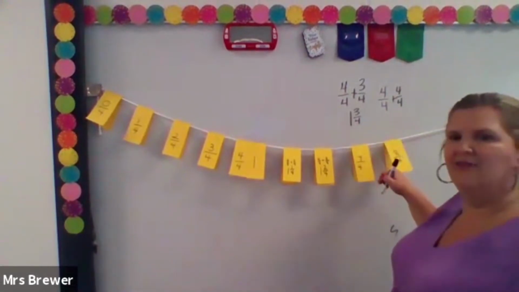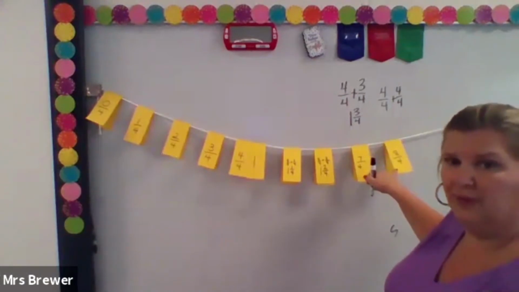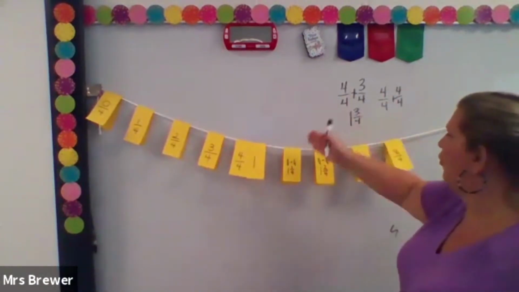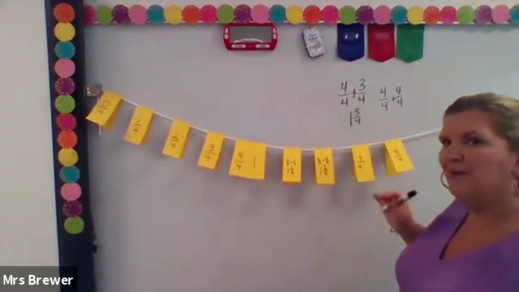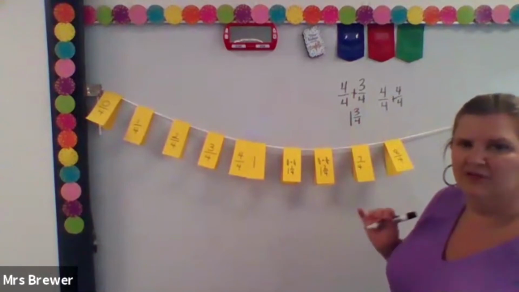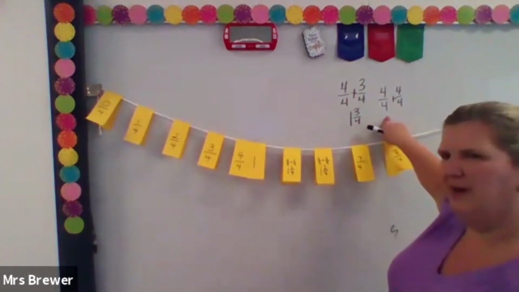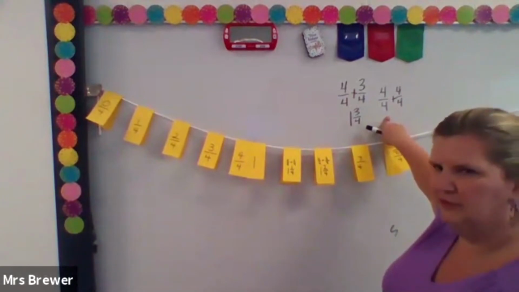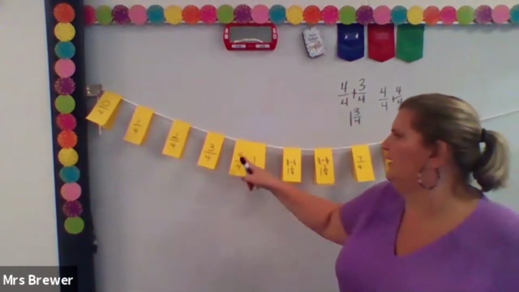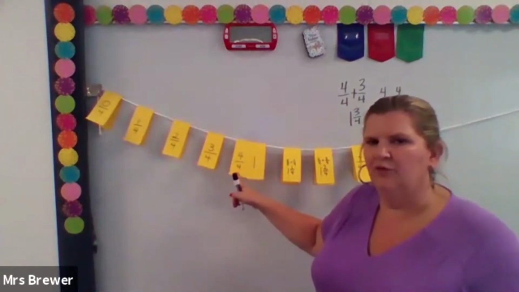Okay. When I add them up, what do I get? I get the 8 fourths, right? Because we said we just add the numerators. Because each whole is still just divided into 4 pieces. So that fourths as our denominator is going to stay. But what do I know 4 fourths is equivalent to? Let me come back on my number line here and see. What other number falls on my number line where 4 fourths does?